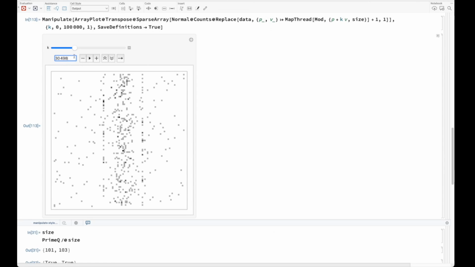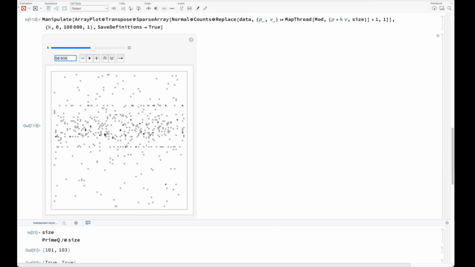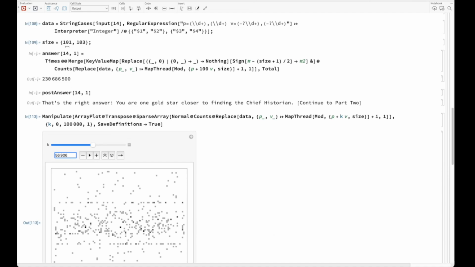The point is that by just dragging this thing around, I found this one, and I also found this number, right? So I found these numbers, and it kind of makes sense that then you just do some number theory. From these two patterns you can guess that it's probably some combination of those two numbers, because the first hint was that the size of the grid was two prime numbers, right?